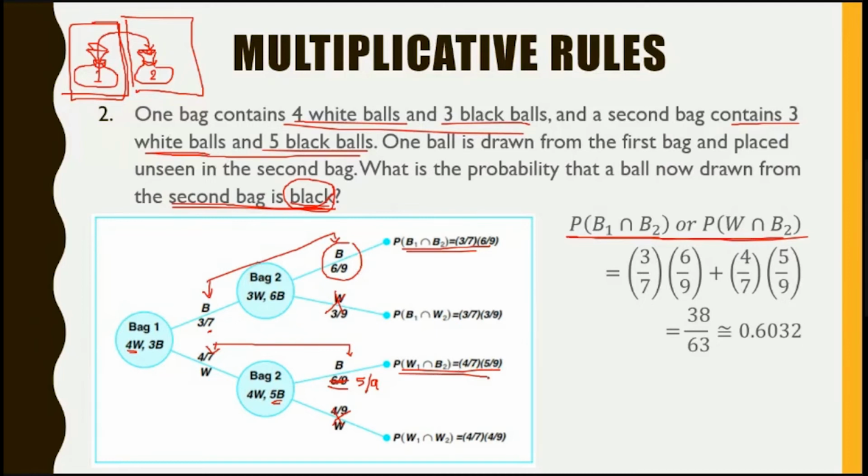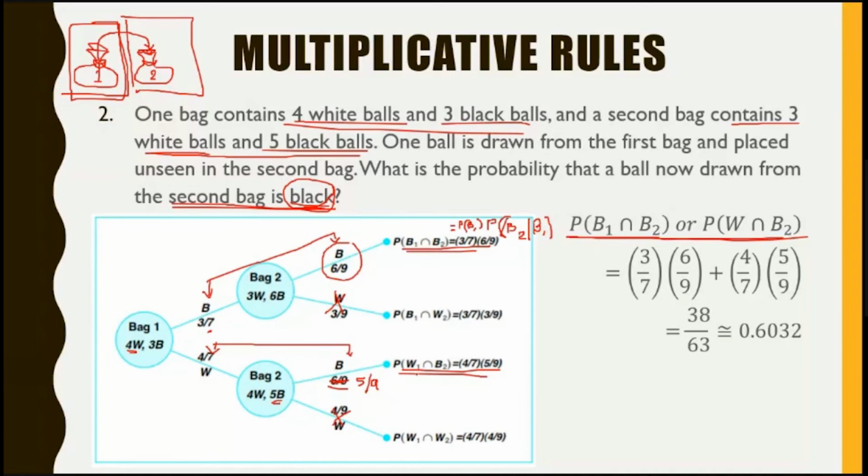Okay. So if we write the detailed solution here, this one is actually the probability of B sub 1 times the probability of B sub 2, getting black on the second bag, given that we got a black bag on the first bag.